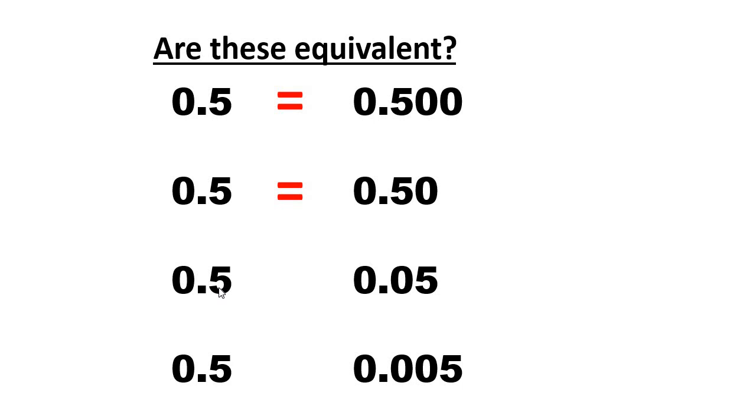This third example has a 5 in the tenths place here, but there's a 0 in the tenths place here. So instead of adding the 0 to the end of the number, it was added before it. That means they are not equal to each other. And the same thing on this last one here, adding 2 zeros before does not make them equal. We have to have basically the same number in the same place value and then add zeros to the end for them to be equal.